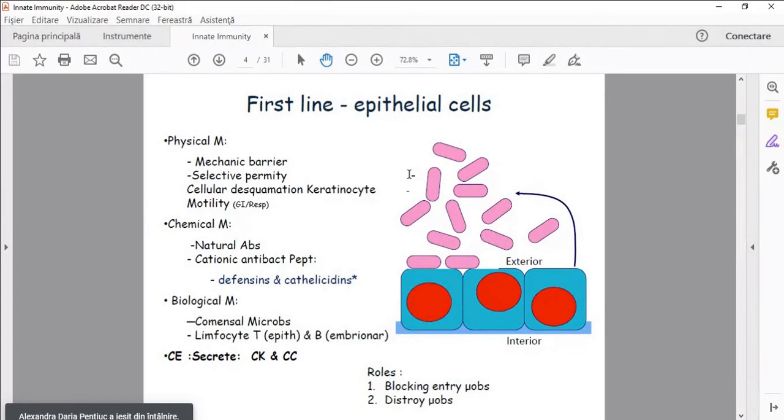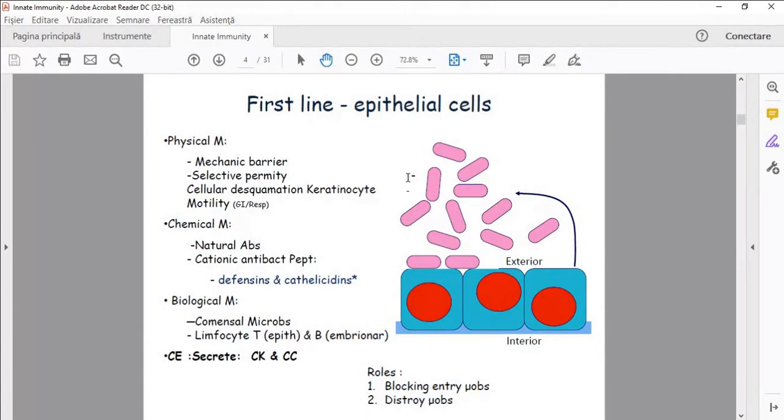Epithelial barriers also provide chemical means of protection at the entrance gates. These are based on the action of some natural antibodies, which can be found in some secretions. Also, at this level, we can find cationic antibacterial proteins, which include defensins and cathelicidins.